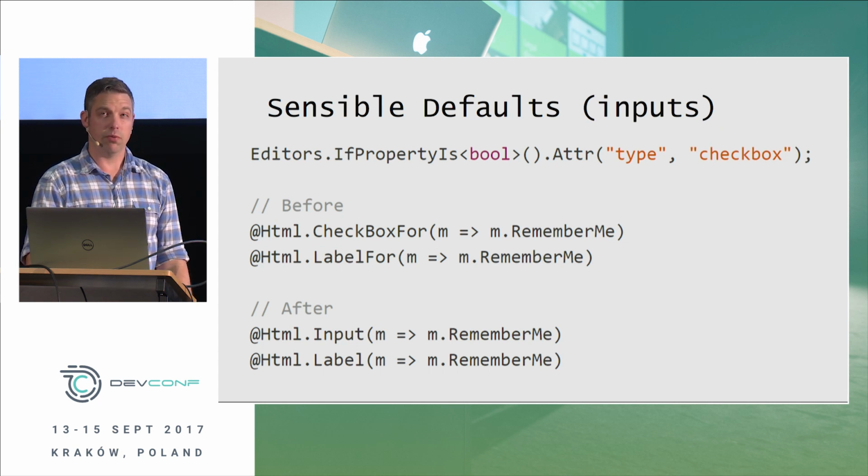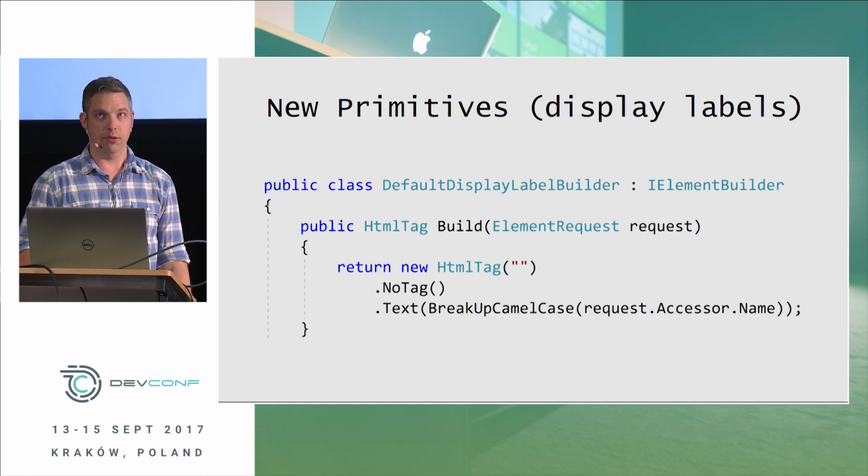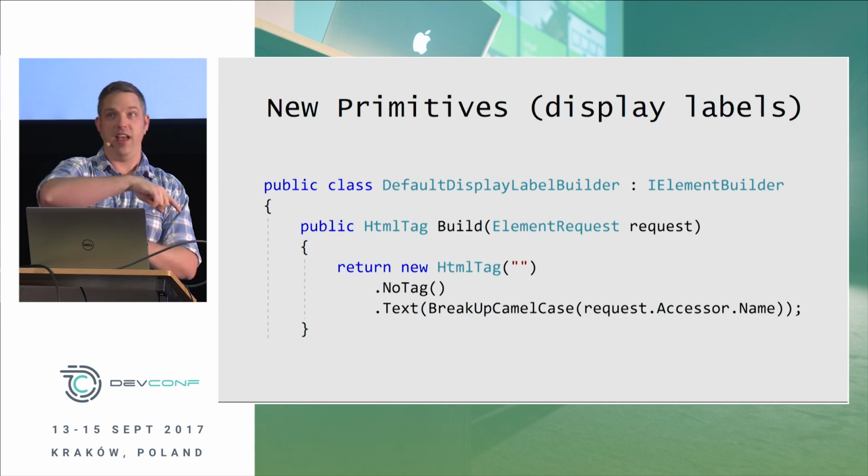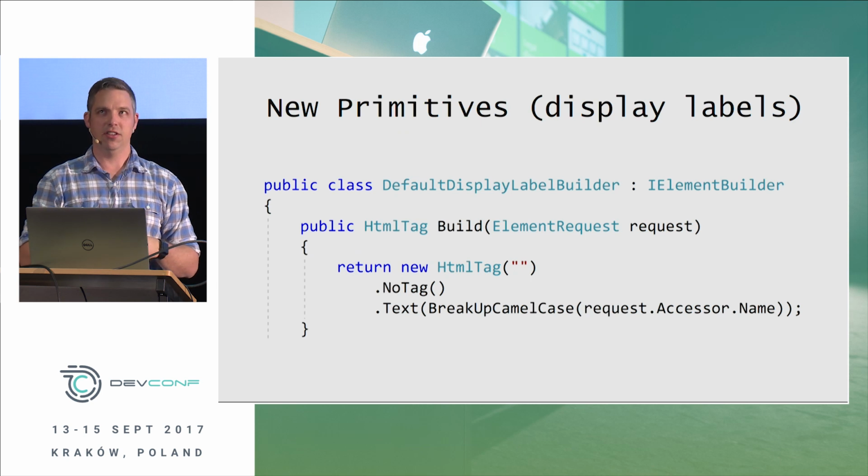We also could build new primitives in our system, like display labels. Display labels are slightly different than input or editor labels. Editor labels are an actual label element, and they're tied to the input element. But display labels on the screen are slightly different. They're not built with the same HTML. So we can tell it this new way of doing things. It said, you know what, actually for display labels, we don't want to put a tag in there. It's just the raw text itself.